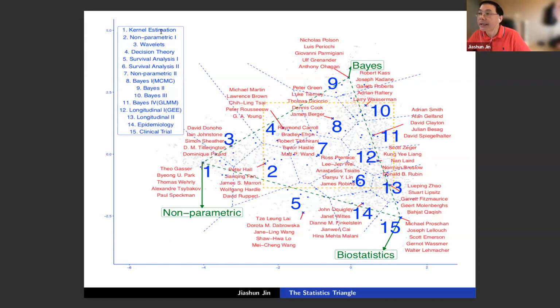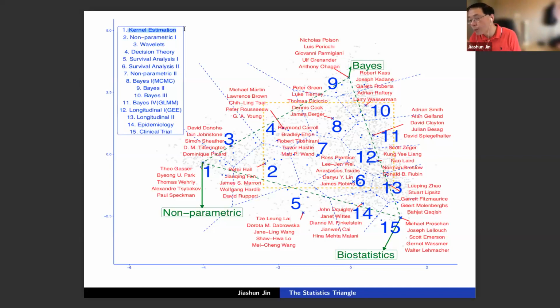Let me remind everybody, this is based on the SCITE work from 1991 to 2000. Kernel estimation is a well-known research area in non-parametric statistics. A kernel method has a bandwidth.